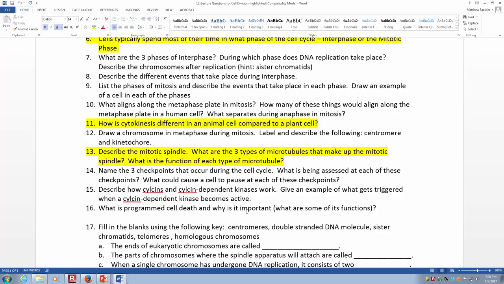How does that contrast with cytokinesis in an animal cell? Right. So cytokinesis in animal cells involves a ring of actin filaments that constrict, forming a cleavage furrow that deepens and will pinch the one cell into two cells.